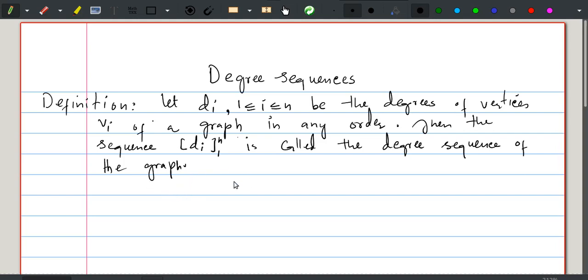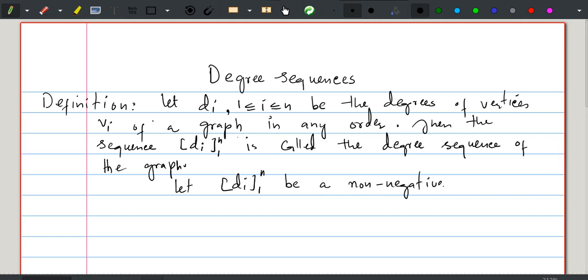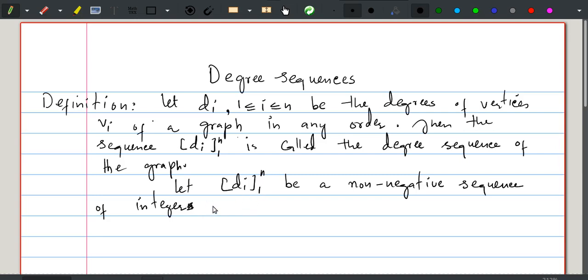Conversely, if we consider a sequence of non-negative integers, let d_i, where i runs from 1 to n, be a sequence of non-negative integers. Let's denote this sequence by d.